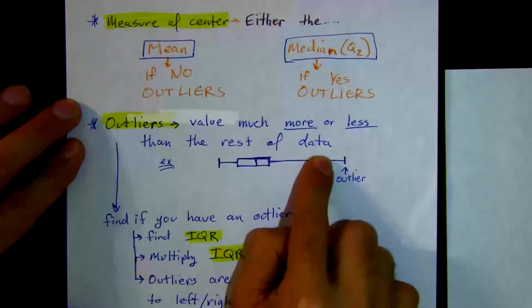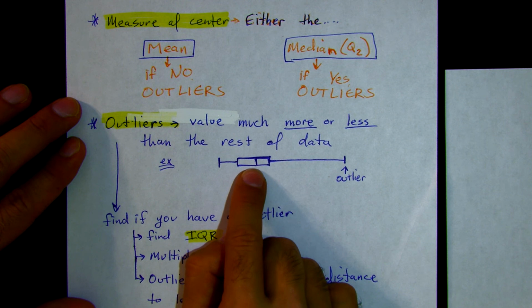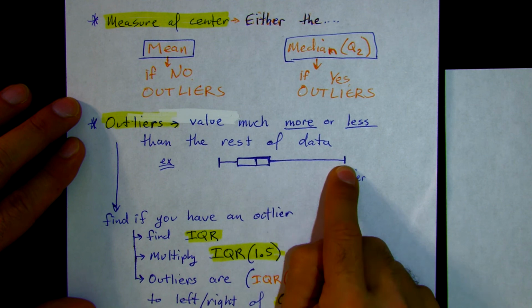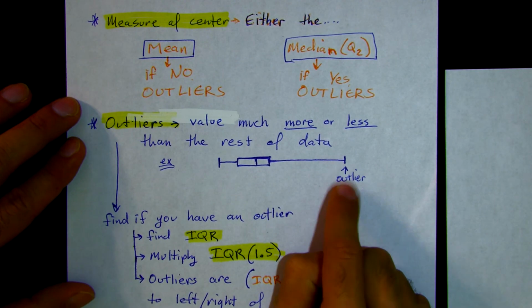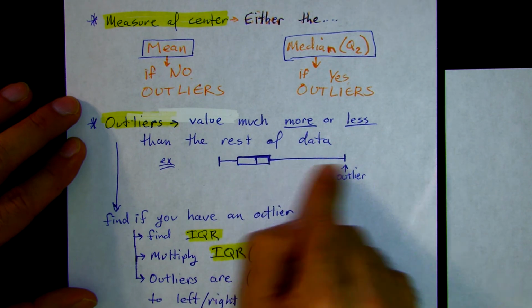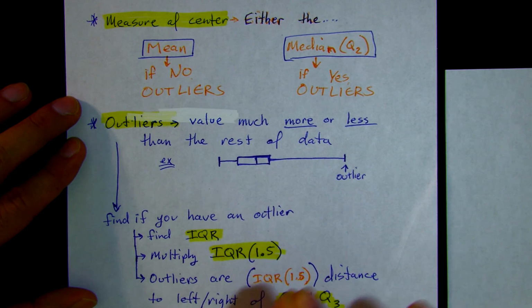So an outlier would be like this. You see how we have the median in the middle here, Q1, Q3, but look at the max. The max value is way over here. It's way over here. And this is an outlier because it's so far away from the other group. Now we can see it on a graph like this, but we actually have to know what is the cutoff.